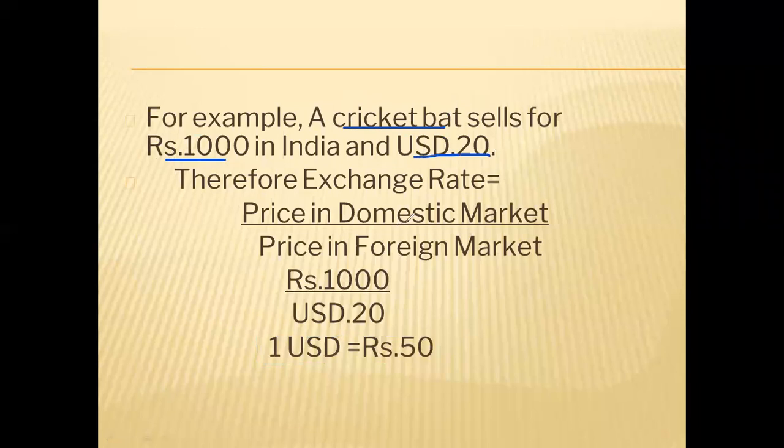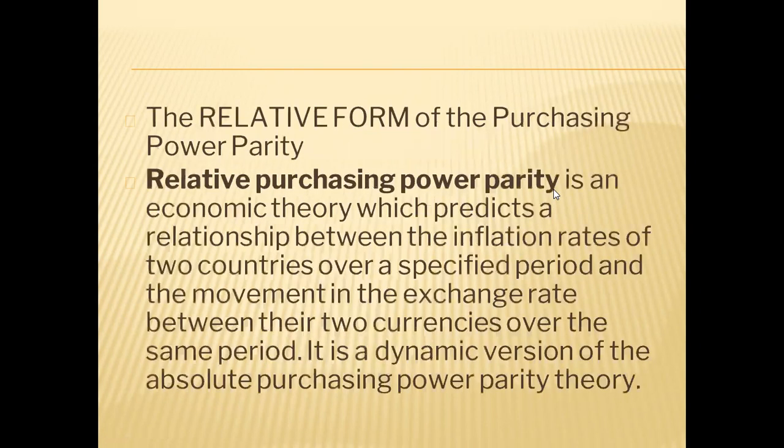We divided the domestic market price by the foreign market price and got the exchange rate. Likewise, how many commodities are sold every day in every country? So it will not be possible to determine the exchange rate like this. So this theory has some disadvantage.